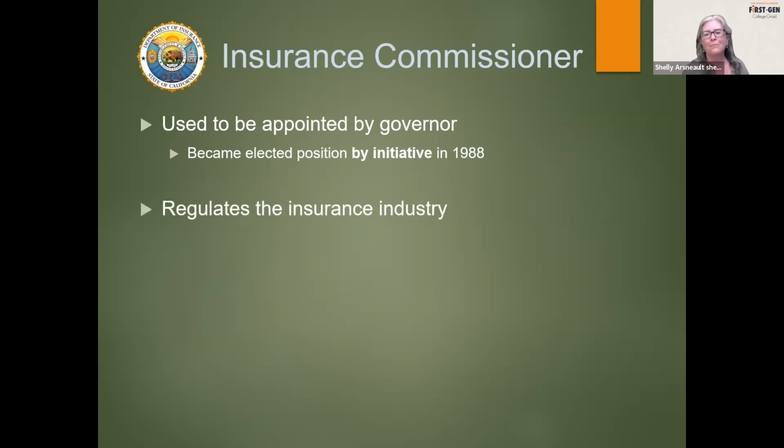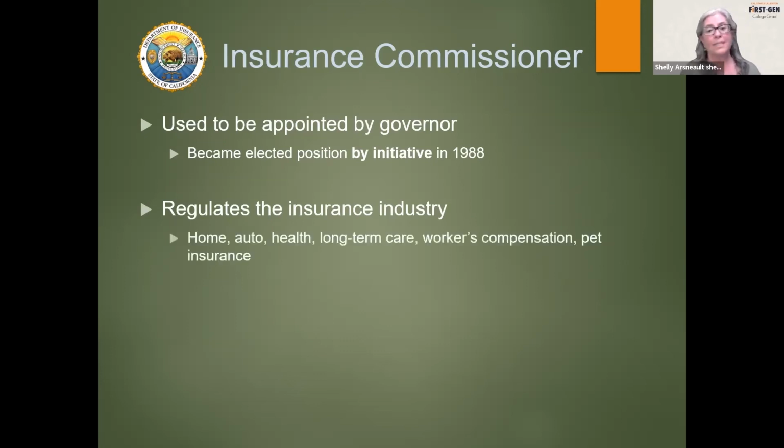But what does the insurance commissioner do? Well, not terribly surprisingly, this is a regulatory agency. And so the Department of Insurance regulates the insurance industry. And what do we mean by that? We mean a lot, right? Home insurance, auto, health, long-term care, workers' compensation, even pet insurance is under the purview of the insurance commissioner. So a lot.